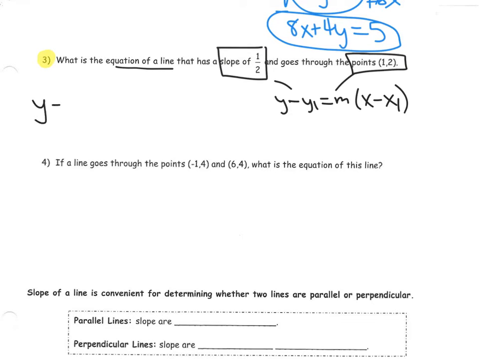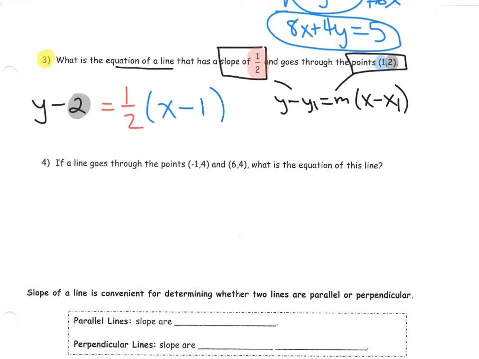So we're just going to write it like that. I'll have y minus 2, because I'm looking at my y value. That's 2. I'll try to color code all this for you. Equals m, so my slope is a half, times x minus x1, and x1 is 1, so minus 1.